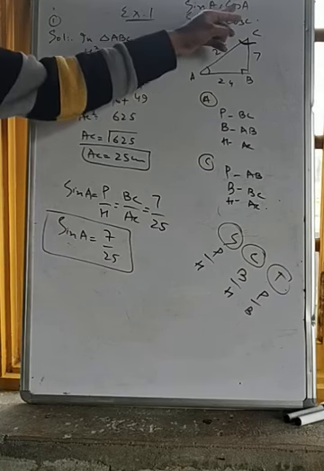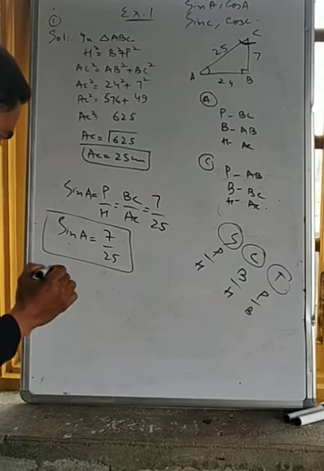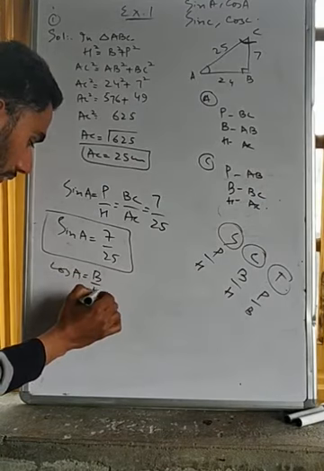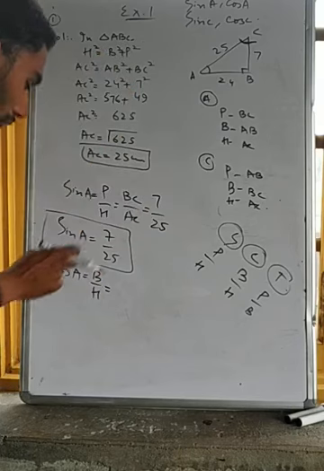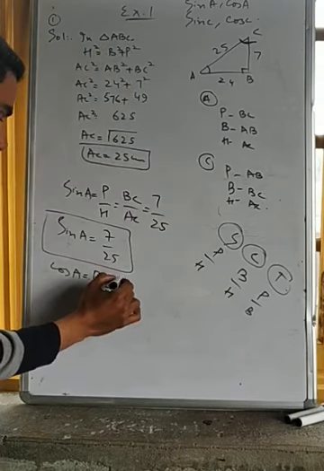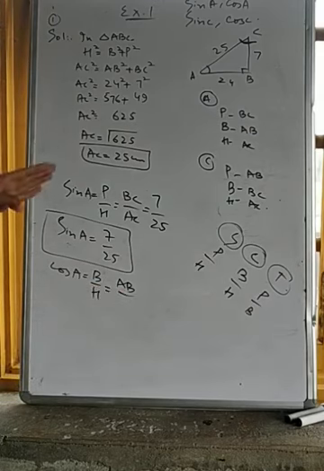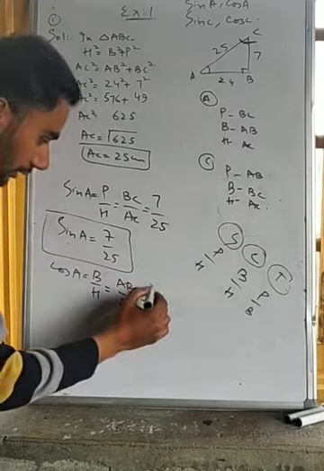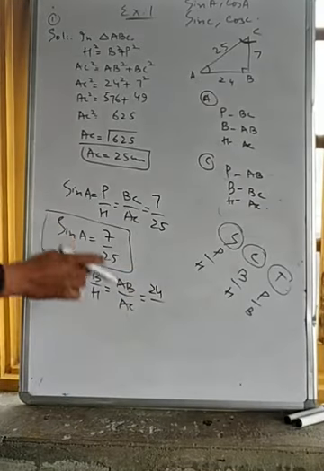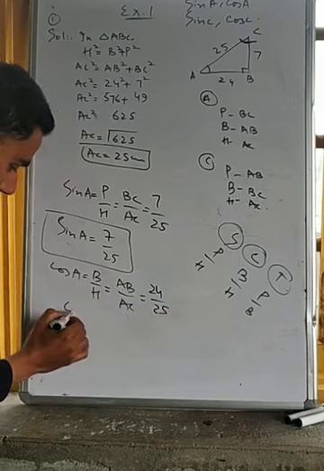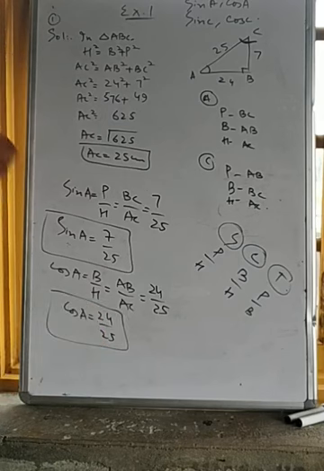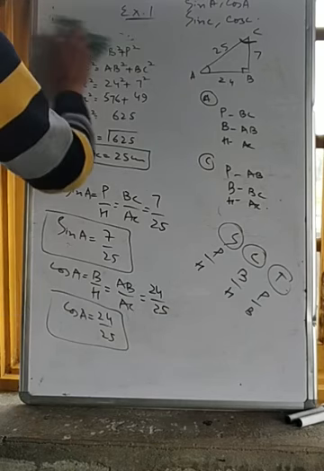Now the second one is cos A. Cos is equal to base divided by hypotenuse, and base for angle A is AB, and hypotenuse for angle A is AC. AB is 24 centimeter and AC is 25 centimeter. So cos A is equal to 24 divided by 25. These were the first two things which we were asked to find.